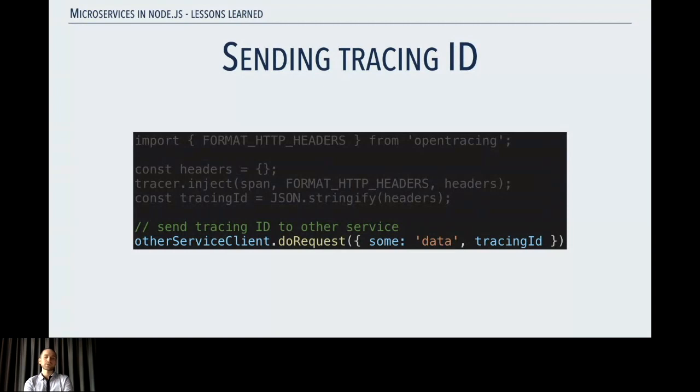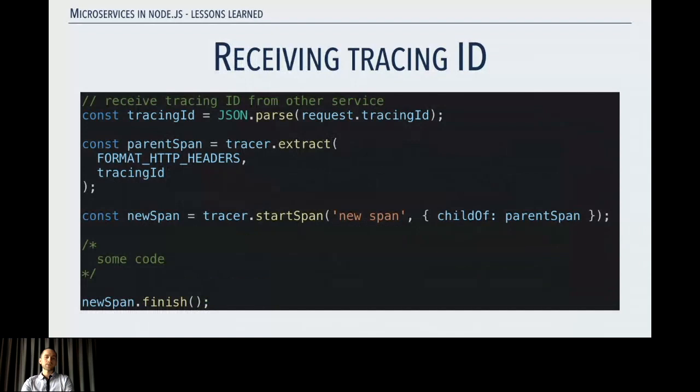If we are using HTTP, we can send those tracing IDs with headers. If we are using gRPC, we need to change our contracts accordingly. It's just our choice. And later then, in another service, we need to somehow receive that tracing ID and parse it.